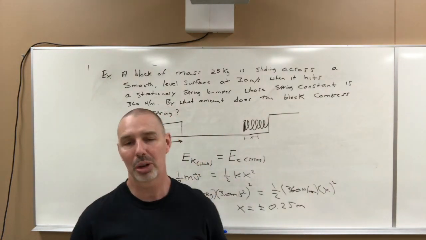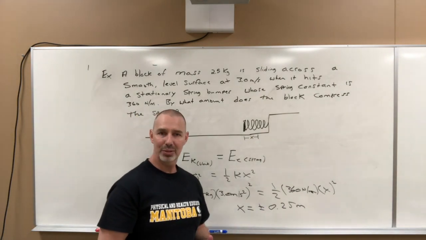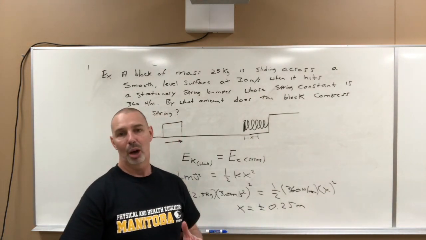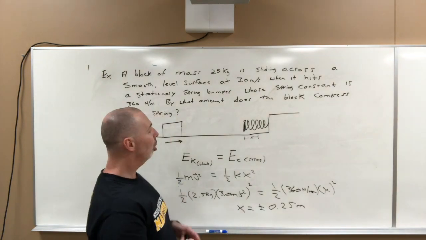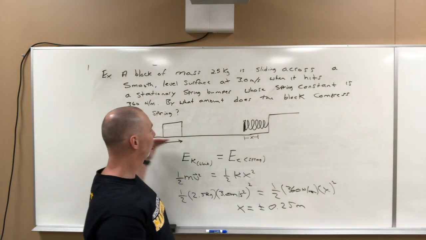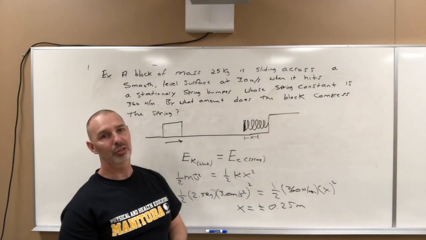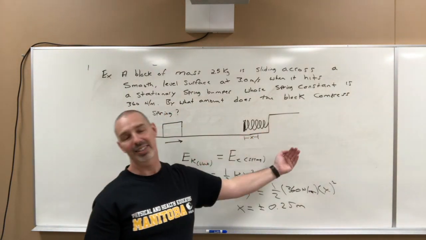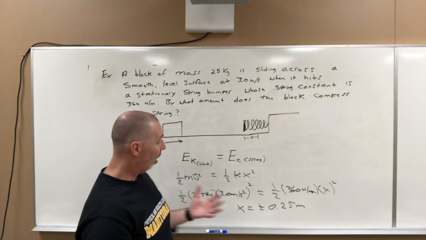Because we're taking the square root of the number, we get the plus or minus, and it's a directional thing. We want the positive in this case because we're looking at a distance that the spring is compressed, but it also works in terms of being positive: if we take moving to the right as our positive direction, the spring is compressing to the right, which would be a positive compression as well. So that's all we need to do.